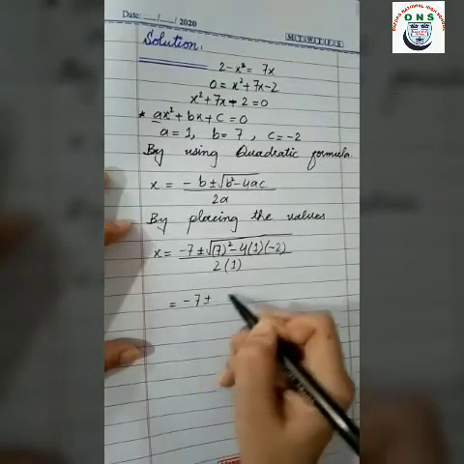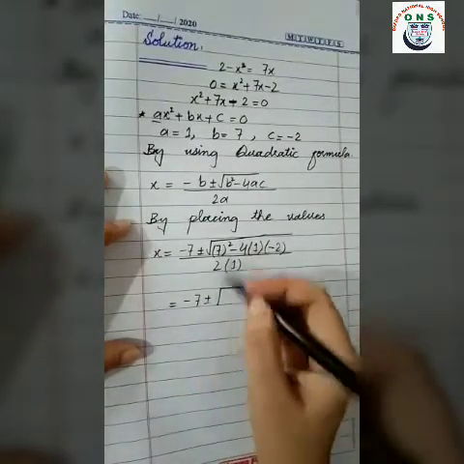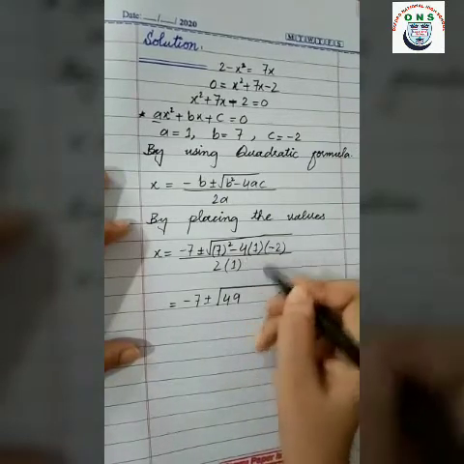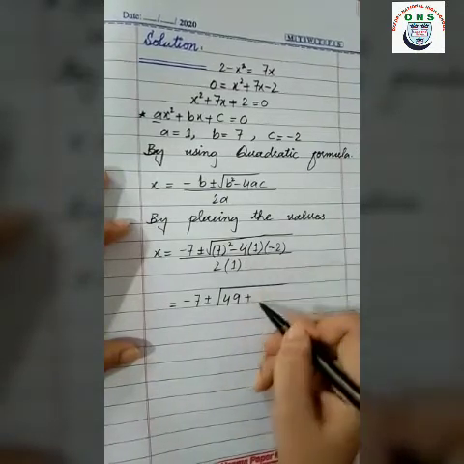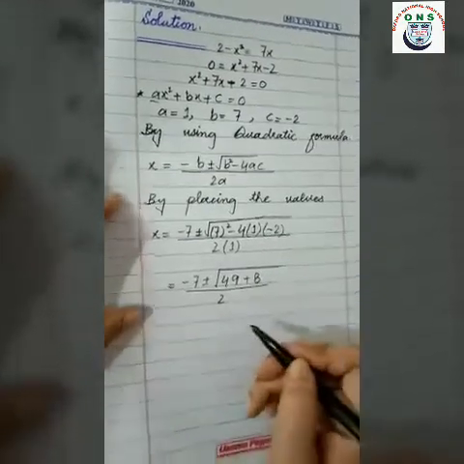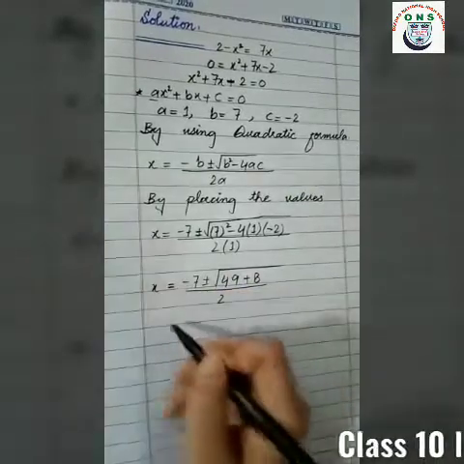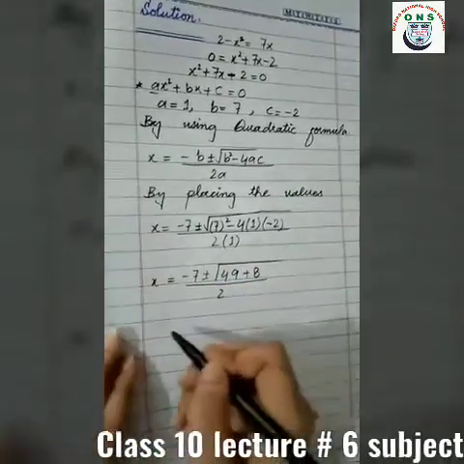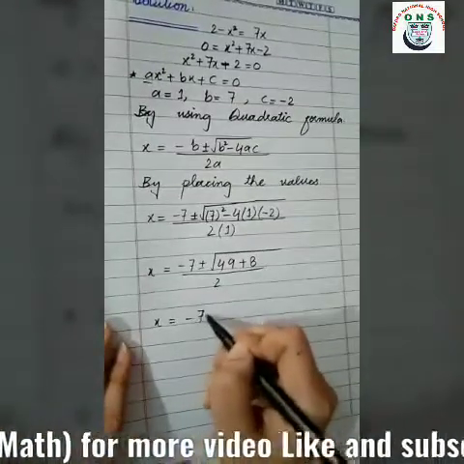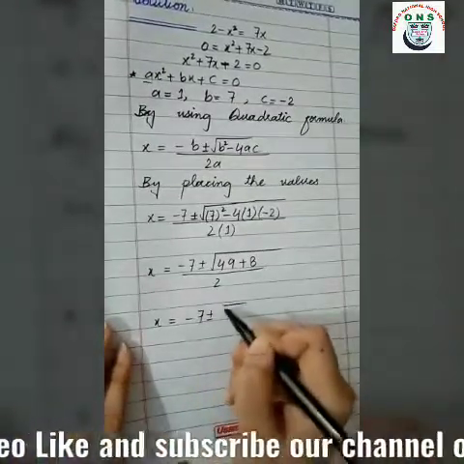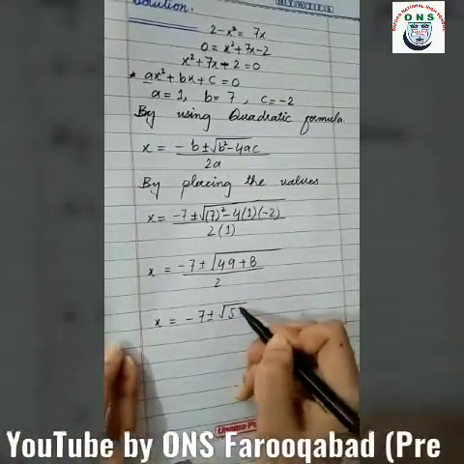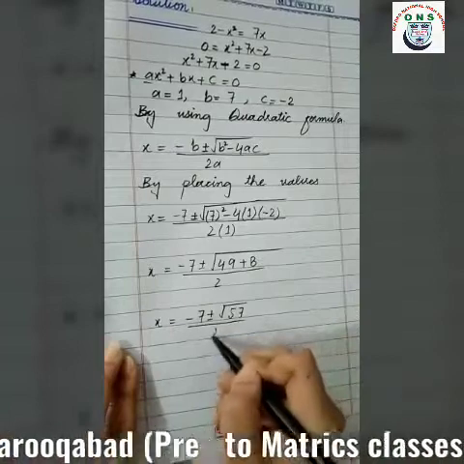Minus 7 plus minus square root, open the square, it's 49, minus minus plus, 4 twos are 8, by 2. Now x is equal to minus 7 plus minus square root of 49 plus 8, it's 57, divided by 2.